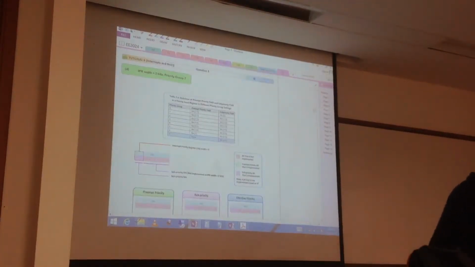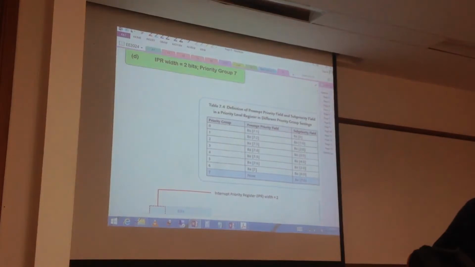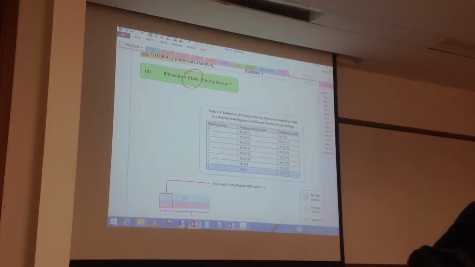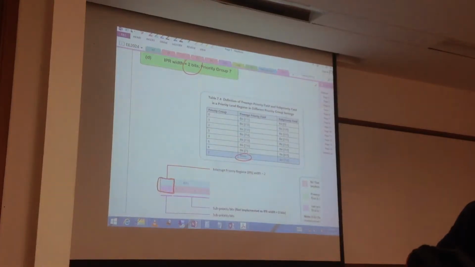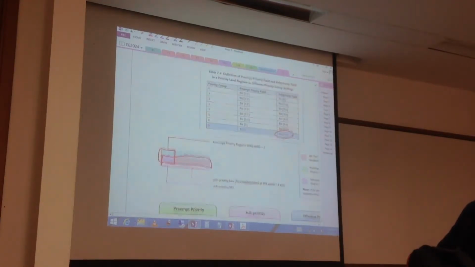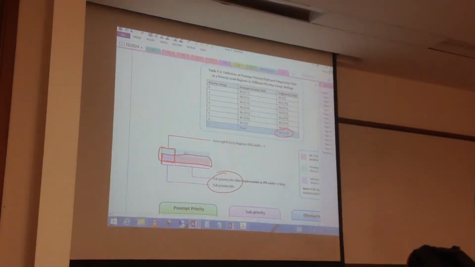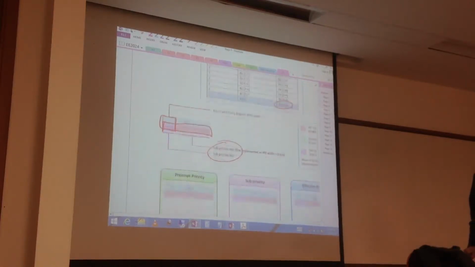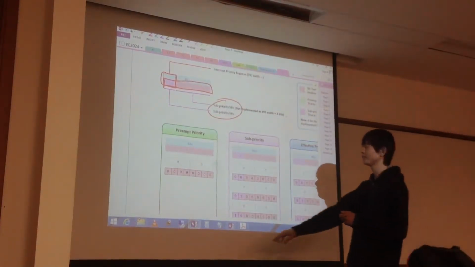Next example, same thing. Again, 2 bits. Preamp: none, so there's no preamp. Sub-priority is bits 7 to 0, so all of these are sub-priority bits. What are the possibilities for preamp?